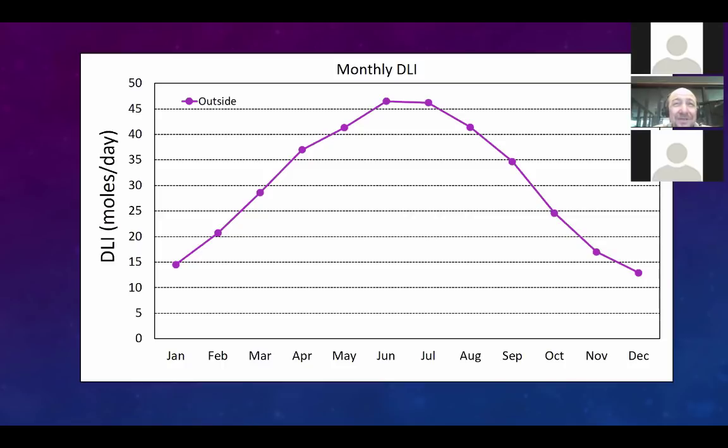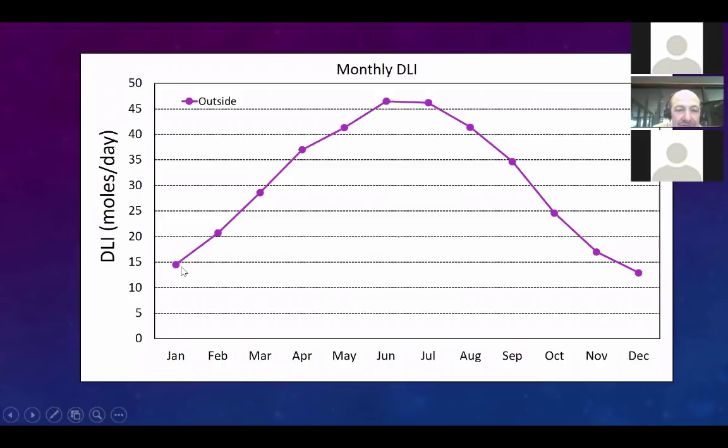And we all know this intuitively because we know our plants grow a lot better in the summer than in the winter. But it's pretty remarkable to see, and this is St. Louis, the outdoor DLI, the low point of the year is December, and that's the average day in December is 13 moles per day.